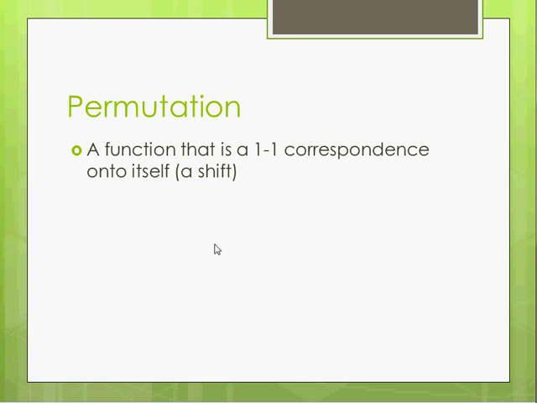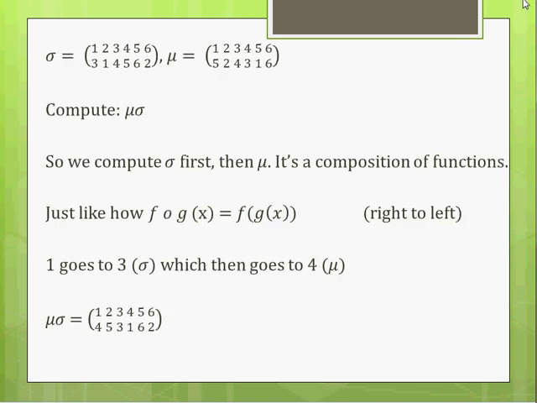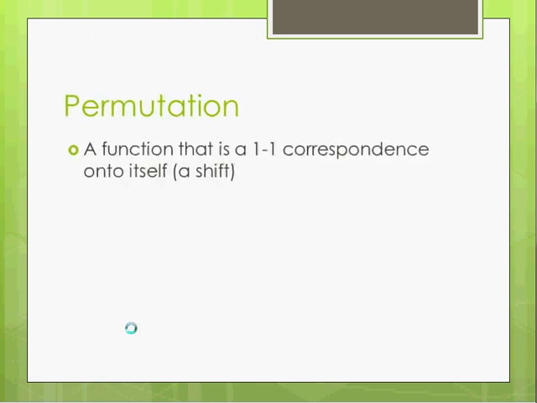And we're never going to end up with more than one of the same number. For instance, down here we can never end up with like 2 3s on the bottom row because it's 1 to 1. So 2 different inputs cannot have the same output. Okay.